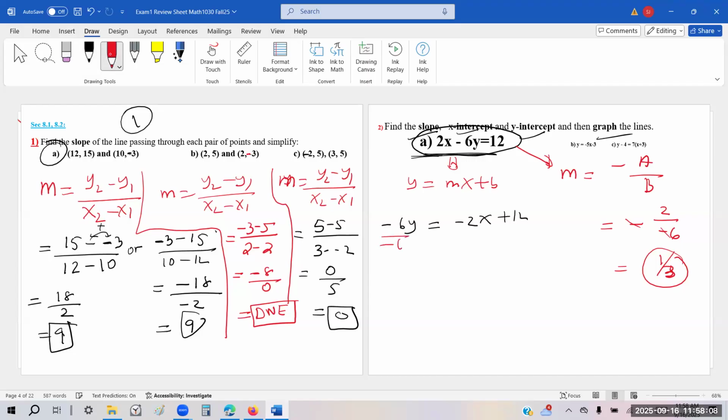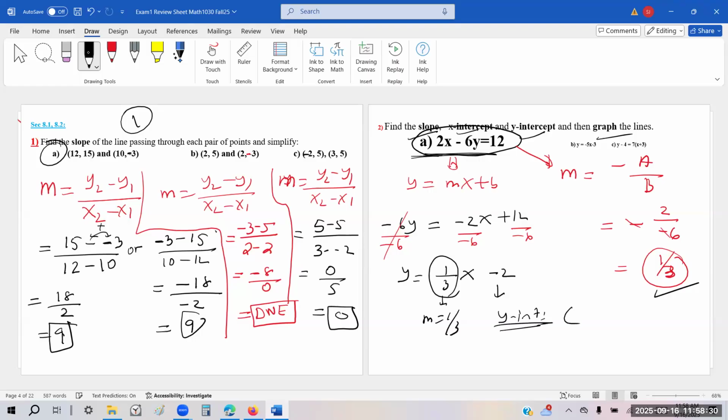You divide everything by negative 6. So you get y equals 1/3 x minus 2. And now you know your slope is 1/3, which is exactly the same as this. And what is negative 2? Y-intercept. So 0, negative 2.